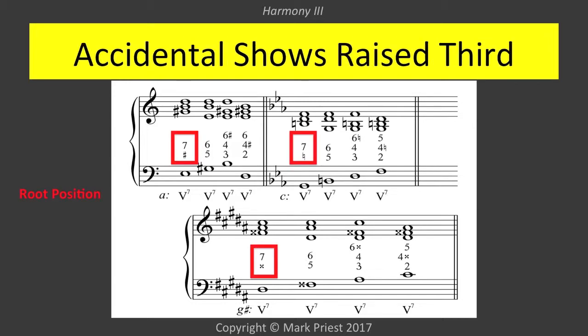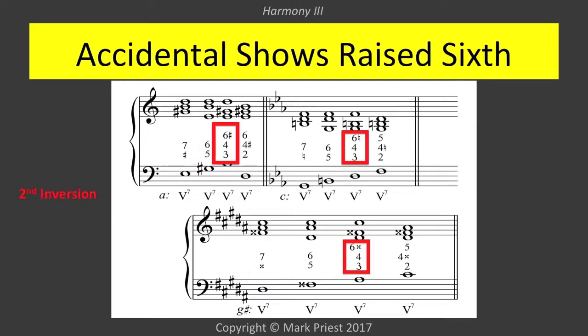The root position 5/7 shows the raised 3rd, whether sharp, natural, or double sharp. The second inversion figure indicates an altered 6th interval, whether sharp, natural, or double sharp.